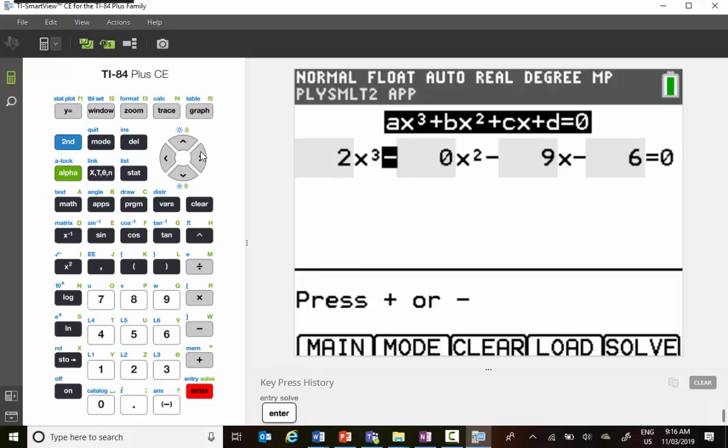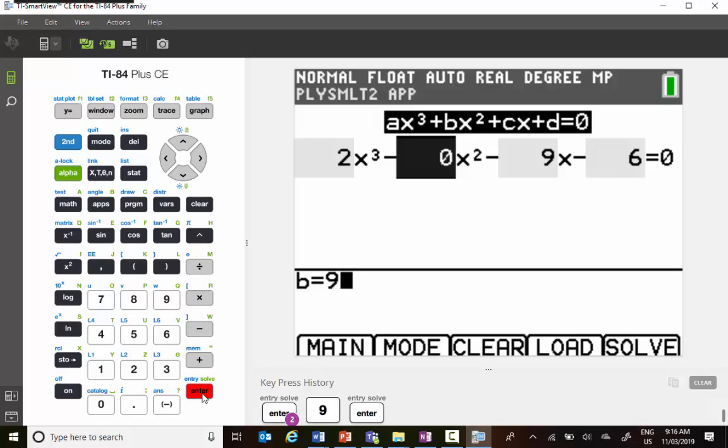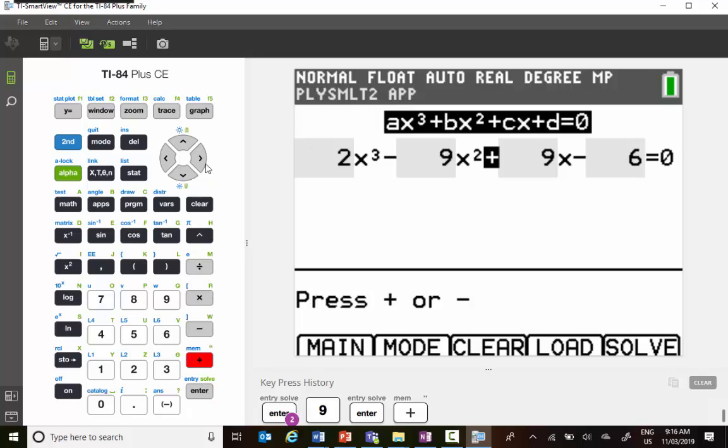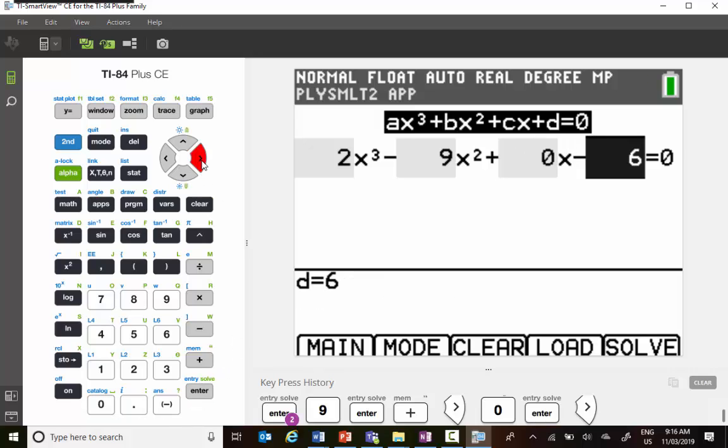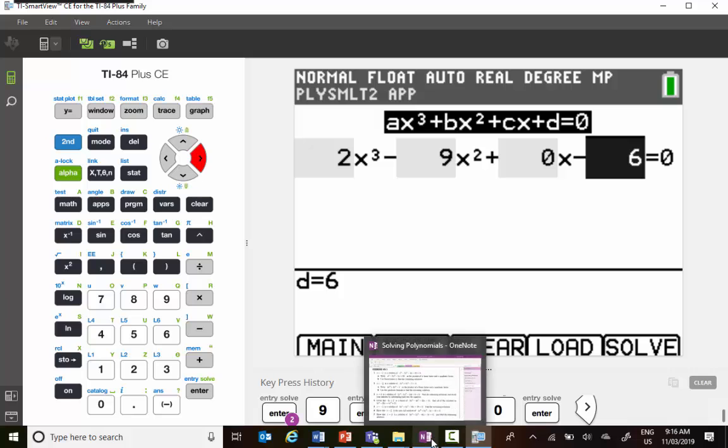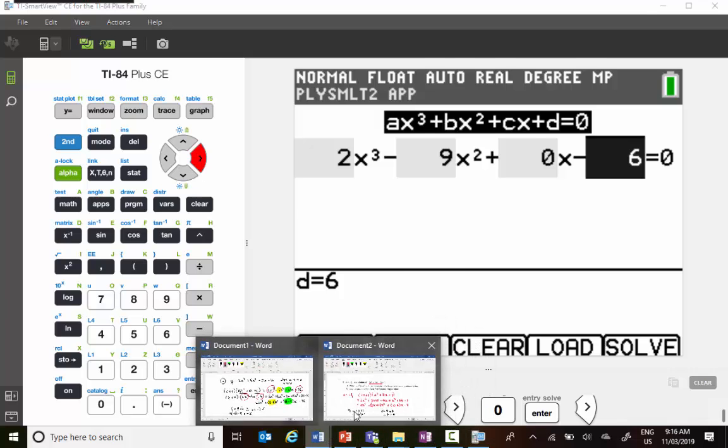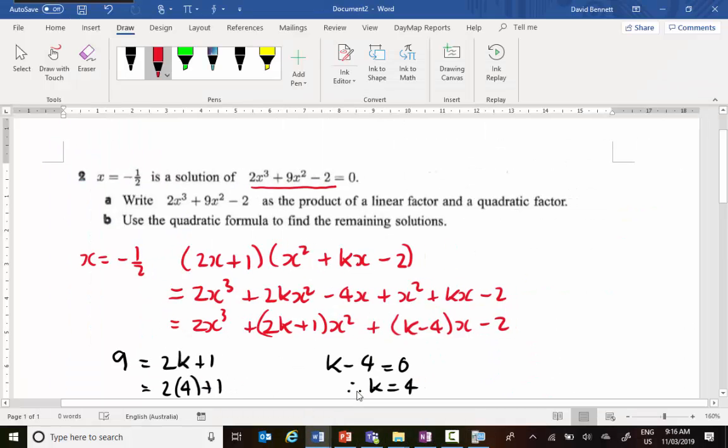Going to go across. It was minus, and it was 9x squared. I'm going to go across, and it doesn't matter if we go plus or minus there. We had no x terms, so that's 0. And then the last term was, if I go back to my equation, which I can't remember, it's plus 9x squared, so it's take 2.